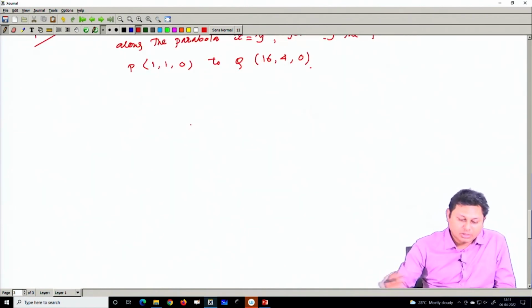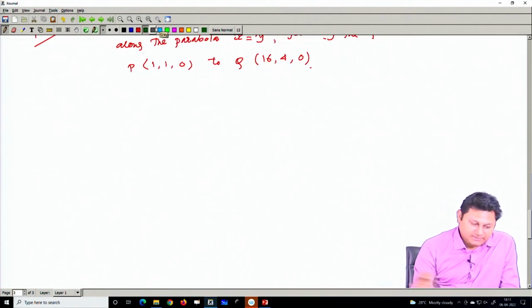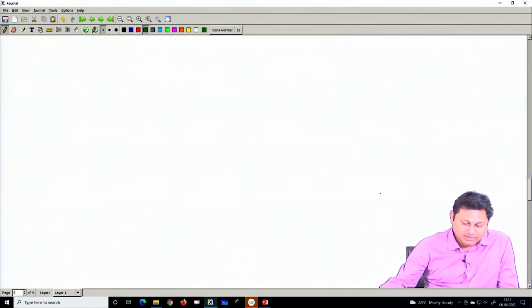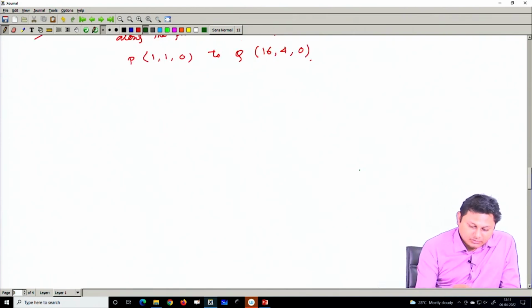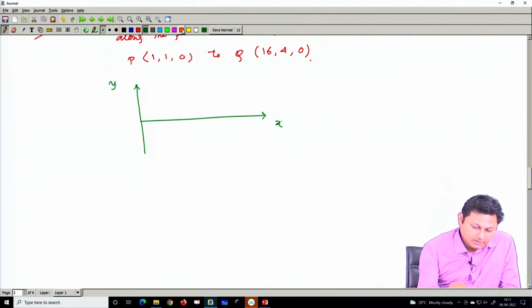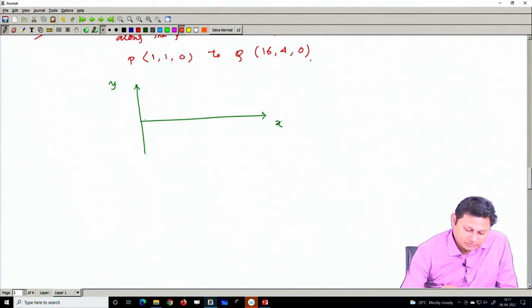So, how will the path look? Let us first determine the path and then we will execute this line integral for the given vector field. This is my y axis and this is my x axis, and if I plot it, it is a parabola, something like this.